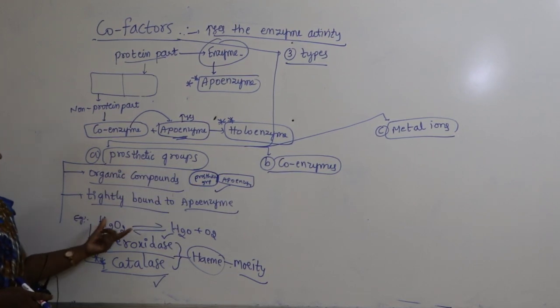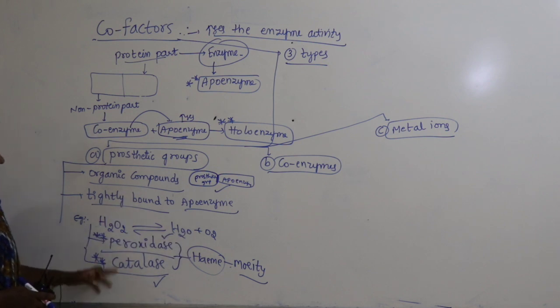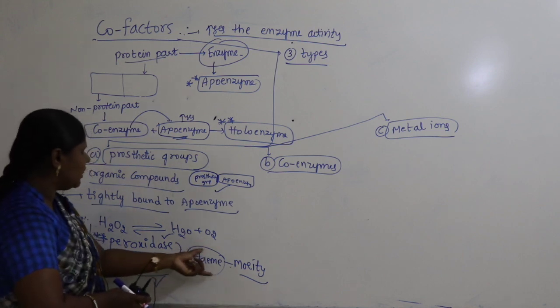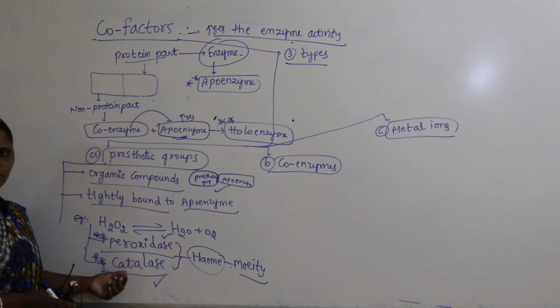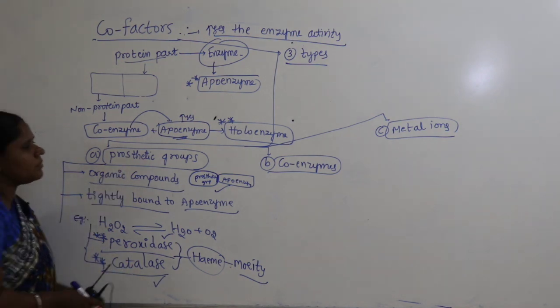For example, hydrogen peroxide converting into water and oxygen, and the two enzymes catalyzing this reaction are peroxidase and catalase. Heme is a moiety group which increases the efficiency of these two enzymes. What are they called? Prosthetic groups.